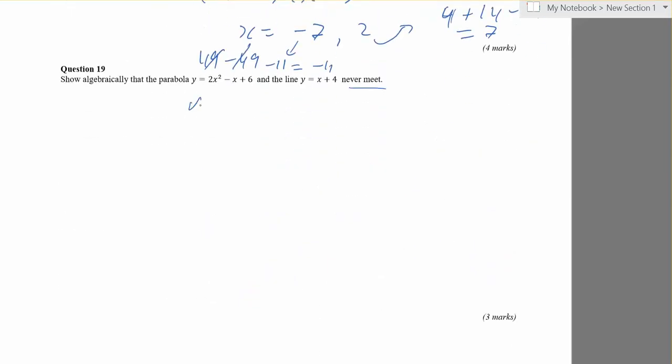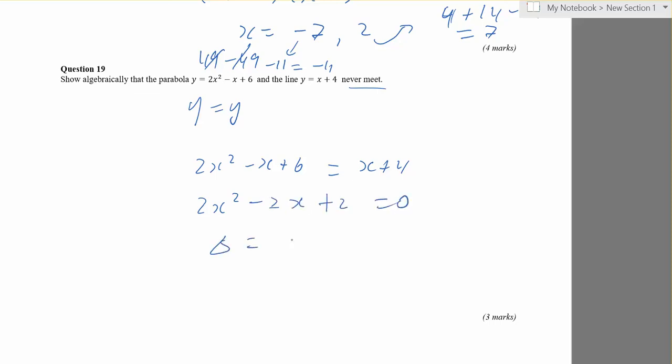Show algebraically that a parabola and that line never meet. So let y equal to y. You're basically finding the discriminant when you let y equal to y. So move all the terms to one side. So that's x squared minus 2x plus 2 equals 0. Discriminant will be b squared minus 4ac. So 4 minus 4 fours are 16, minus 16, so that's minus 12.